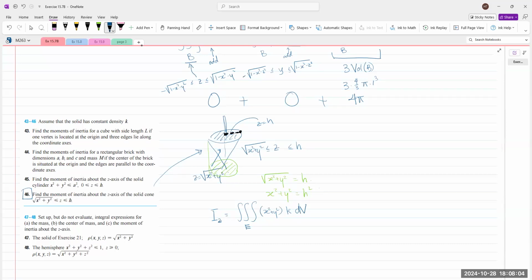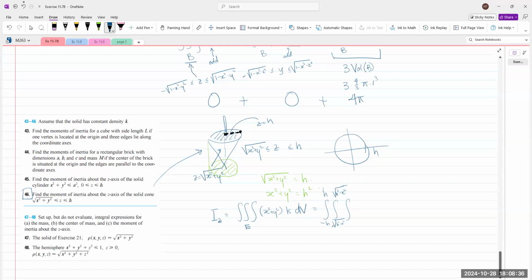Okay, this will be a triple integral from negative h to h, negative square root of h squared minus x squared to positive square root of h squared minus x squared.